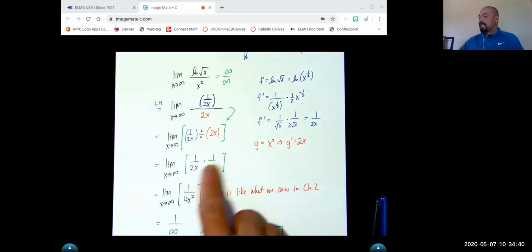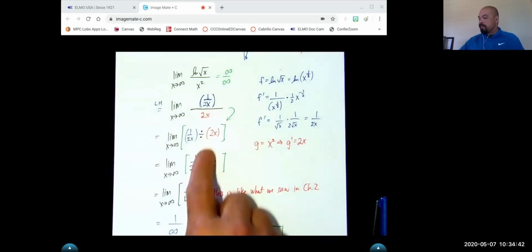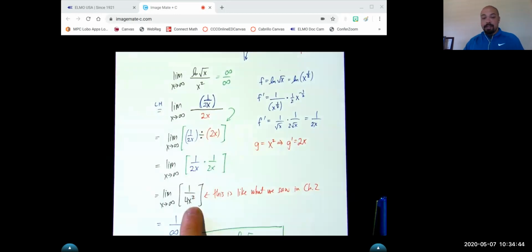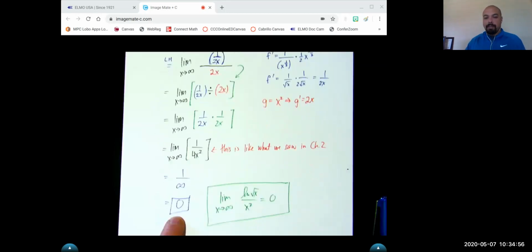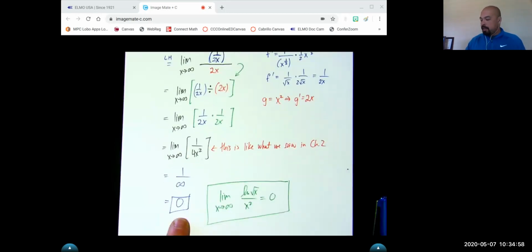What it's identifying is that when we looked at their rates of change, the denominator is growing at a much faster rate than the numerator expression. So definitely it's going to dominate. It's going to get really big fast compared to the numerator. So the denominator is going to blow up, go to infinity, and zero out that ratio, that rational expression in total.